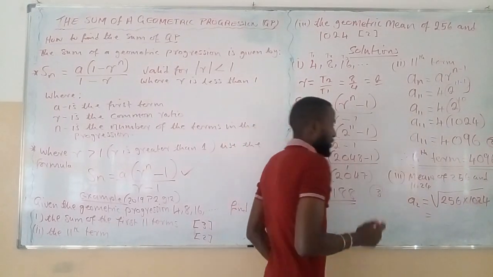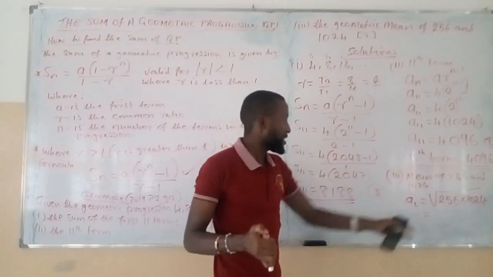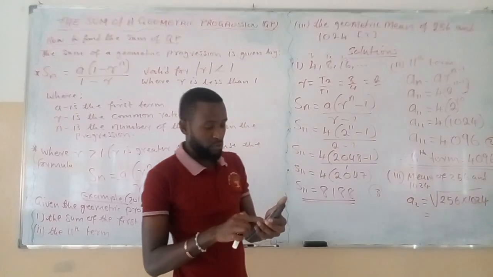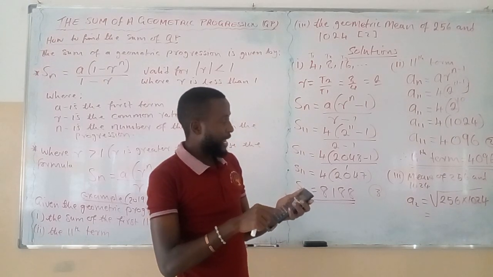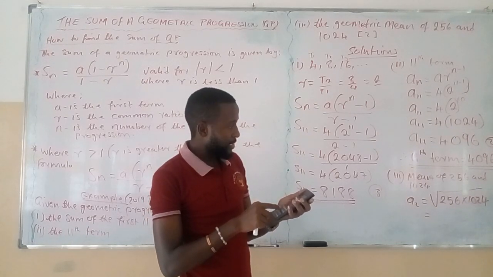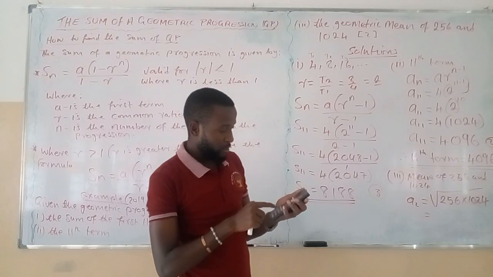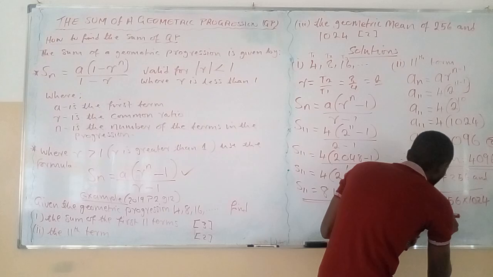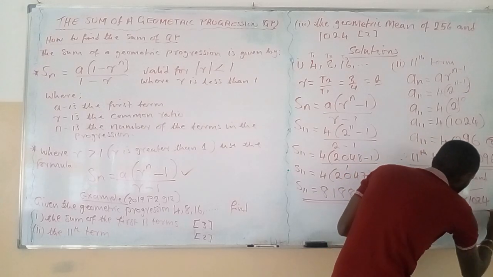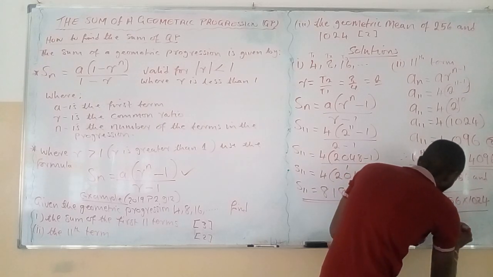So what do we do now? We multiply that. Now you see these are big numbers, so without a calculator, it won't be easy for you. 256 multiplied by 124 is 262,144. That is a big number.